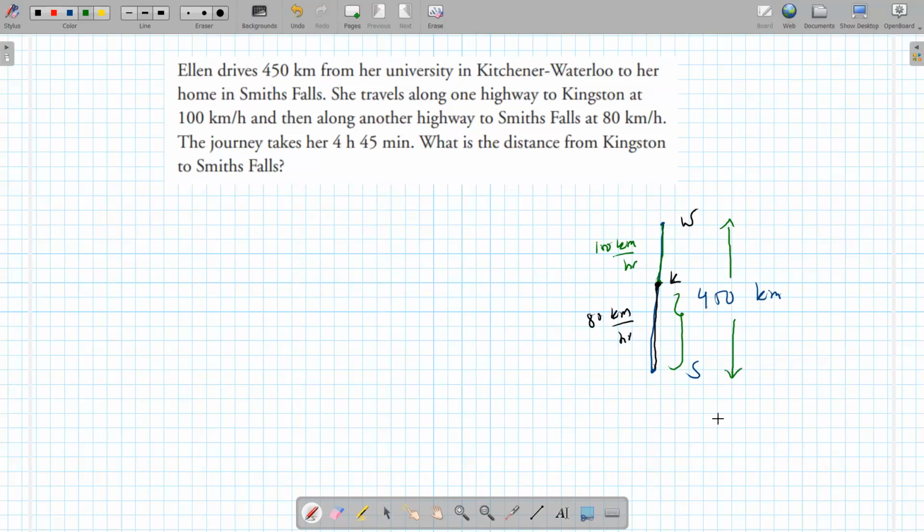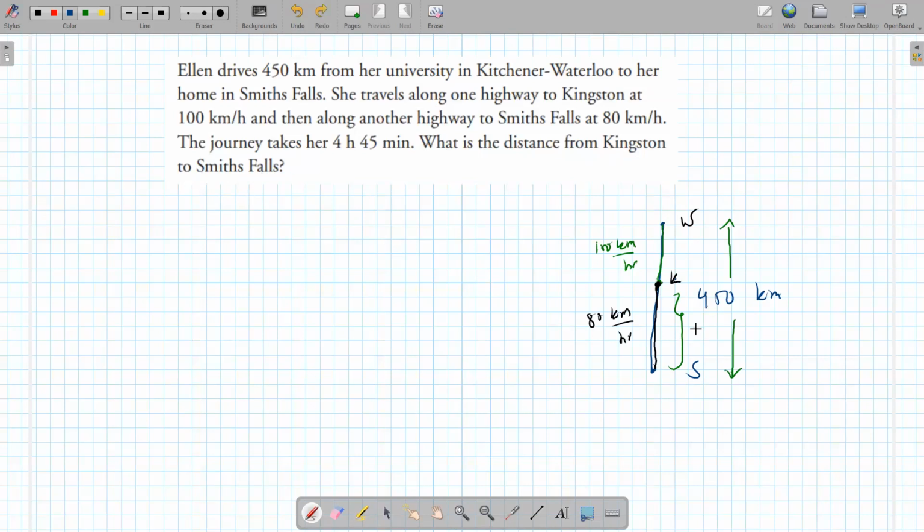Again, important. What's our x and what's our y? It's always easy if you just make x as whatever they're asking you for, okay? So I'm gonna say x is the distance from here, Kingston, to Smiths Falls. That's our x, okay? So x is our unknown. Basically, the distance from Kingston to Smiths Falls is x.